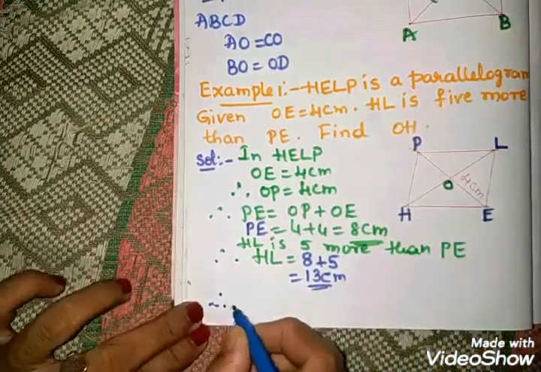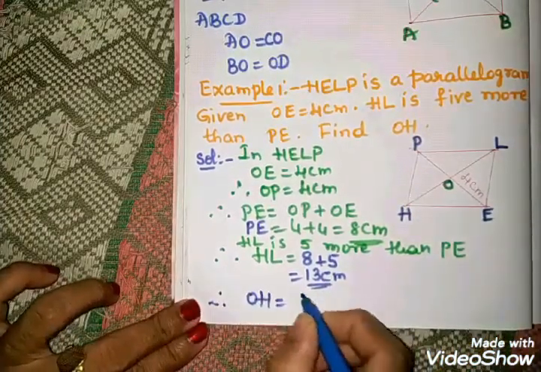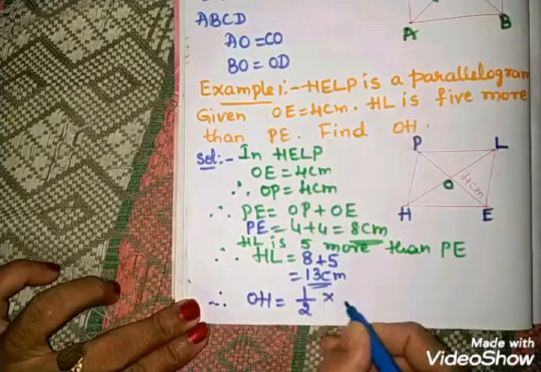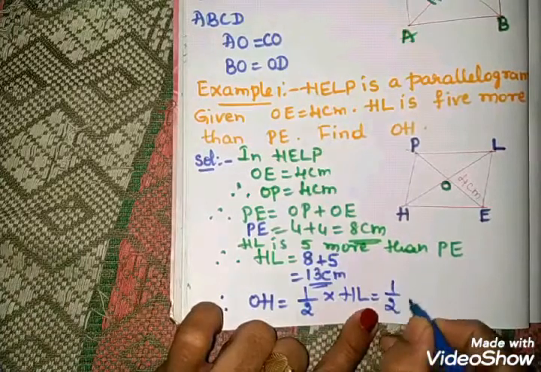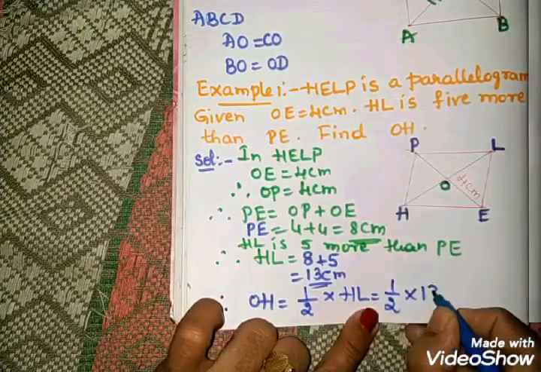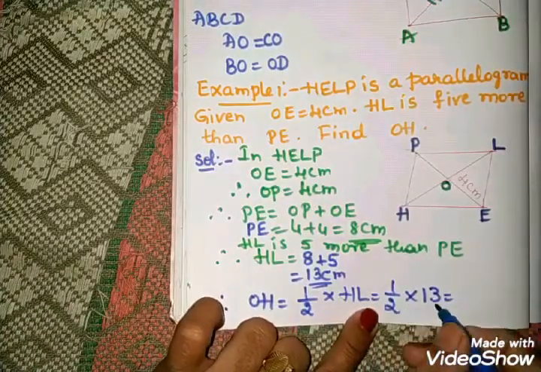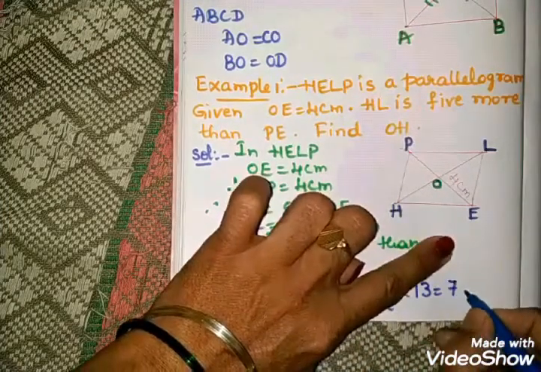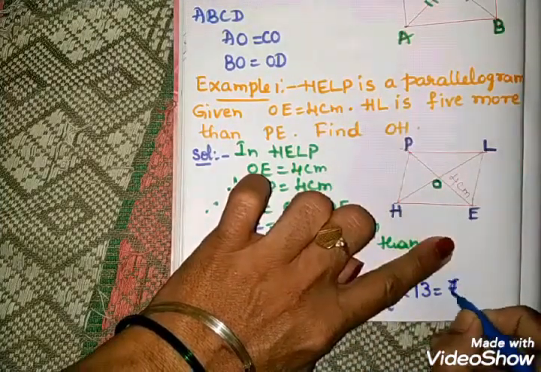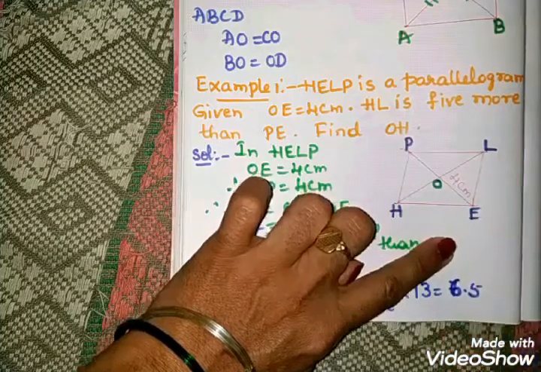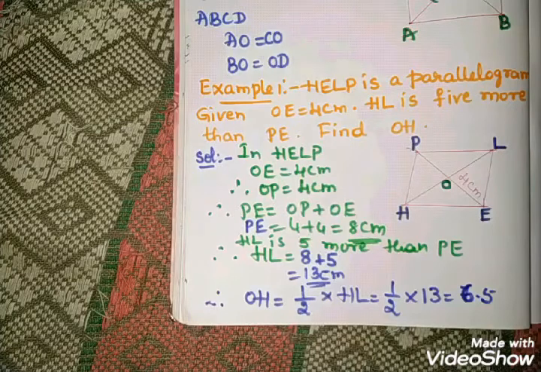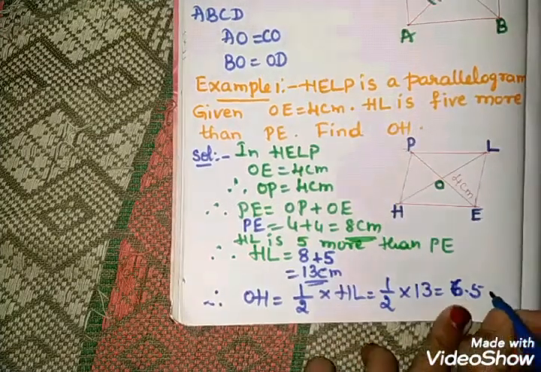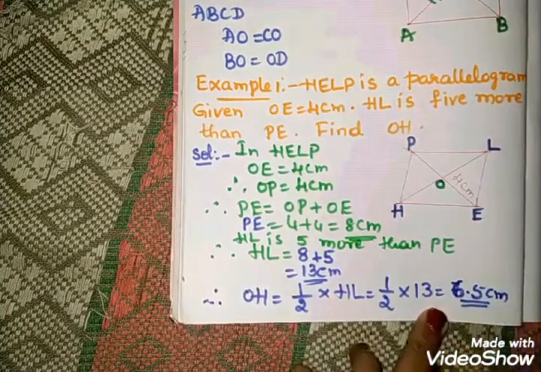OH is equal to half of HL, correct? So half of HL is how much? Half of 13, that is 6.5. 6.5 centimeter is the answer.